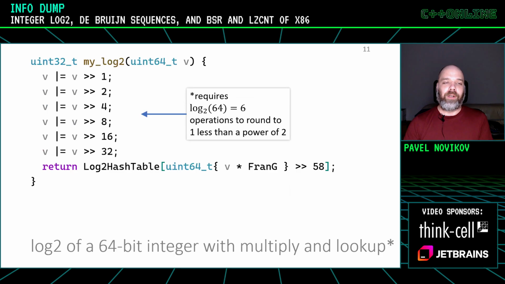And here we have our logarithm procedure. Basically, it uses only multiplication, shift and lookup, but also 6 shift and OR bitwise operations. And this way we can calculate the logarithm base 2 of 64-bit integers.